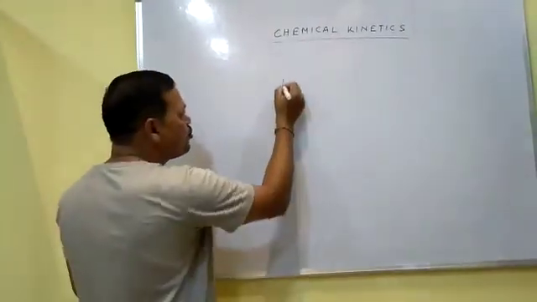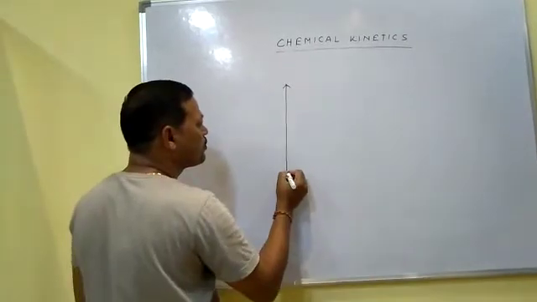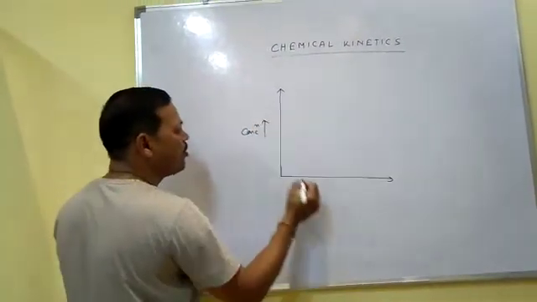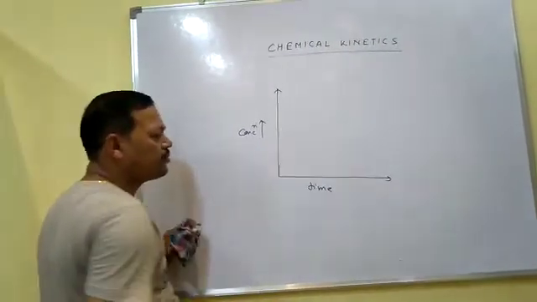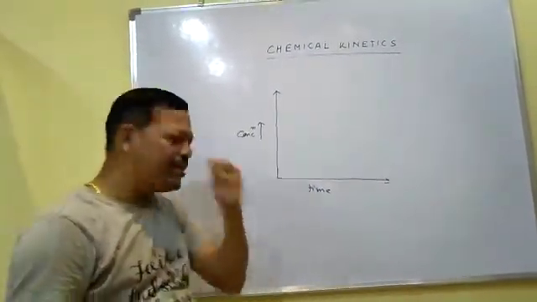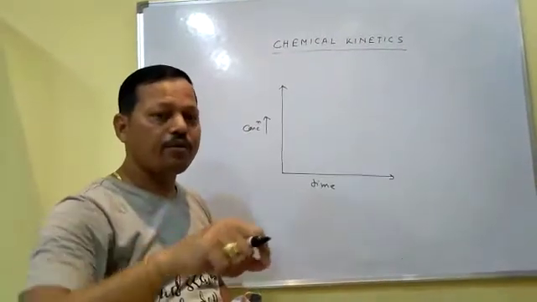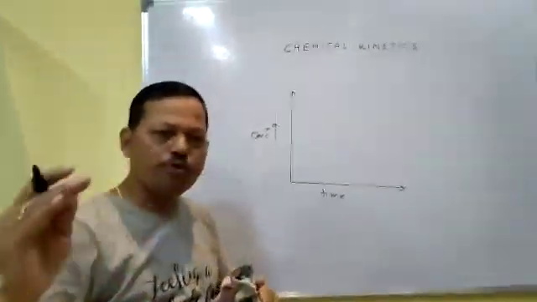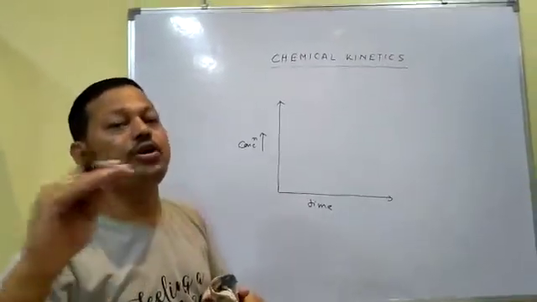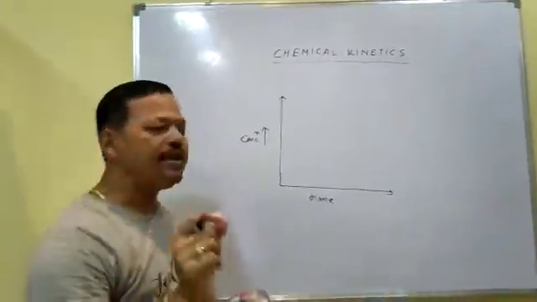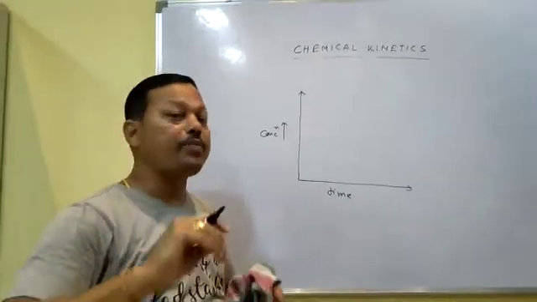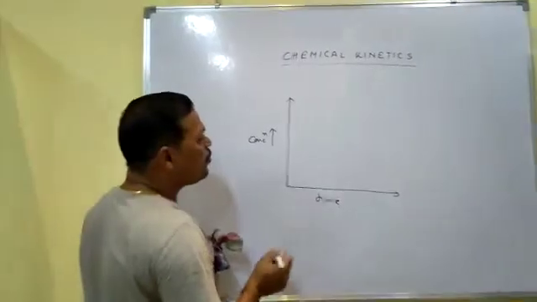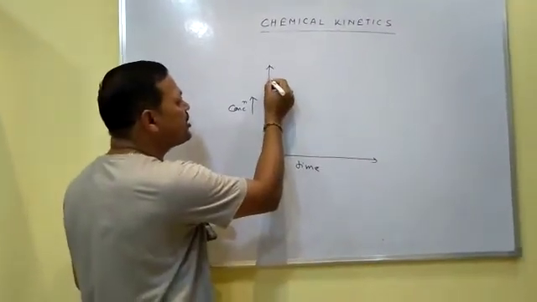Suppose you want to plot concentration versus time. As you know, in a chemical reaction, first you take the reactant. So initially the concentration of reactant will be more. As time proceeds, concentration of reactant goes on decreasing. And initially concentration of product is 0. As time proceeds, concentration of product goes on increasing. Suppose initially the reactant concentration is this much.